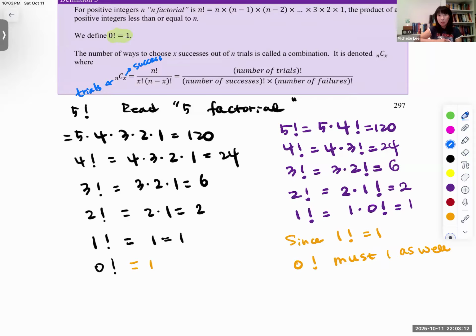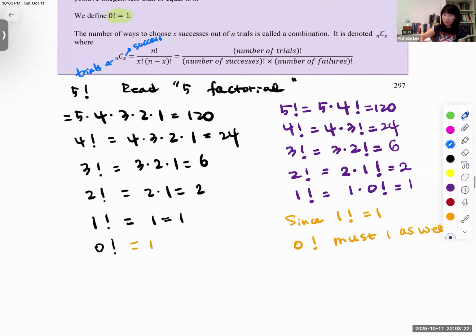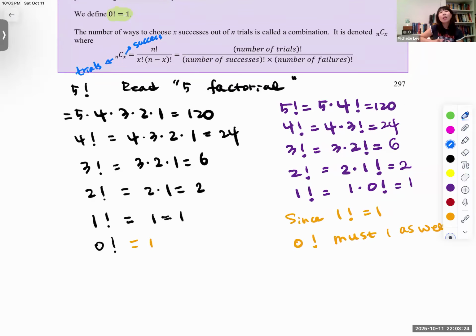Okay, let's just practice. What if we have n equal to 4? So we have a combination for 4 trials and we choose 2.